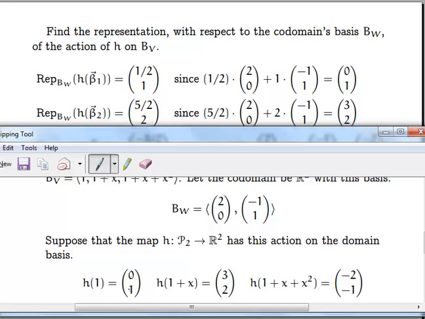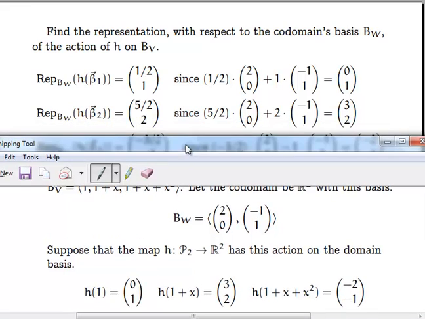But 0, 1 in the BW basis can be written as 1/2 times 2, 0, which is the first basis element, plus 1 times minus 1, 1, which is the second basis element. So this 1/2, 1 gives me the coordinates for h of beta 1 in terms of this basis BW.